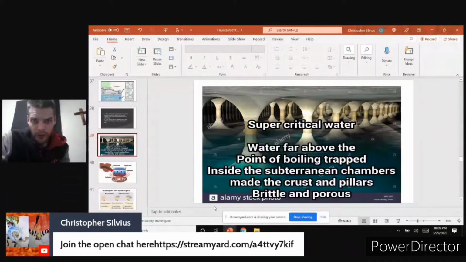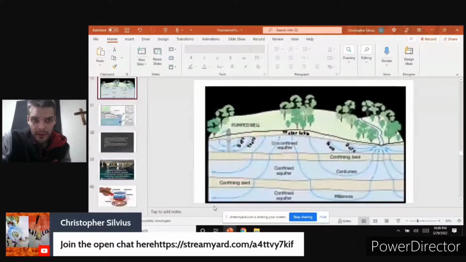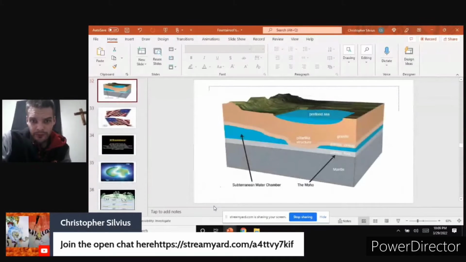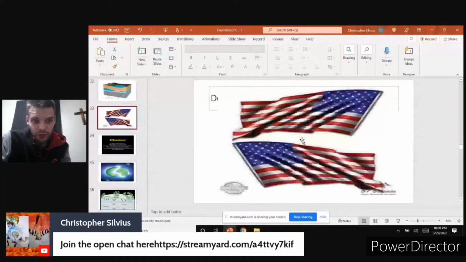You have the Earth, which is one supermassive continent, and underneath it is most of the water that we see today on the surface of the Earth. It's in these subterranean chambers, okay? So the Earth before the flood is connected to the mantle underneath the crust by pillar structures in probably many thousands of locations.